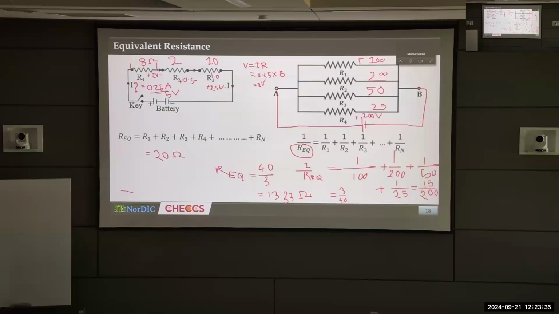Did you get the question? I'm just connecting this A terminal and B terminal with a battery which has 100 volt. Now, I want you to measure the current across each of these resistances: I1, I2, I3, and I4.